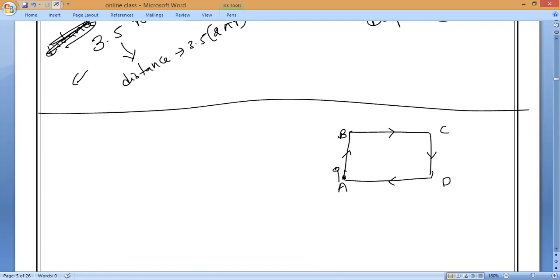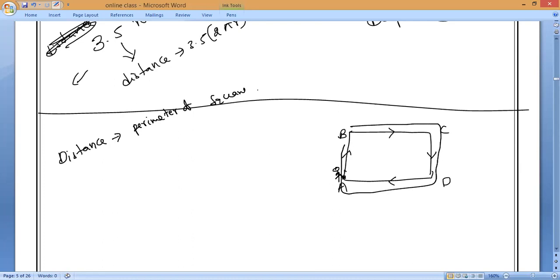The distance traveled by the body is equal to the perimeter of the square. Each side is a, so if you add, 4 times a is the distance.